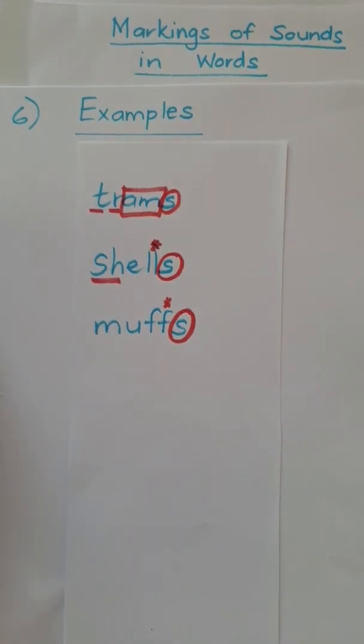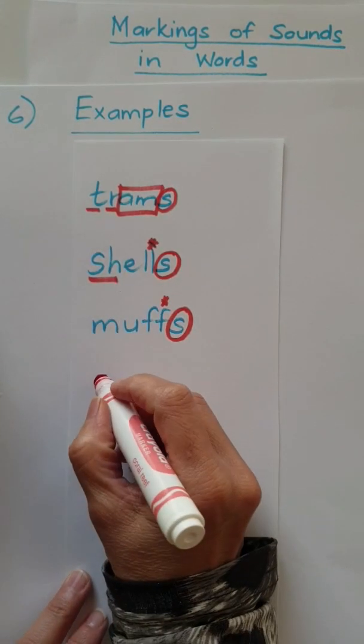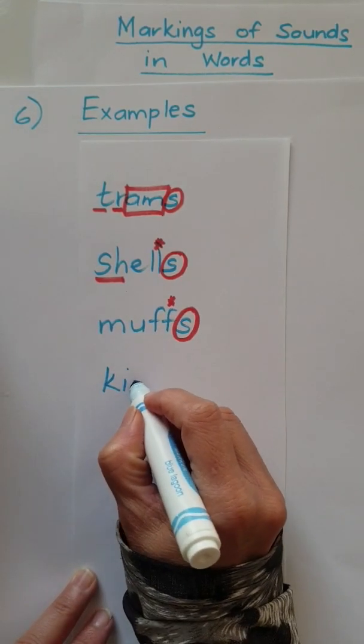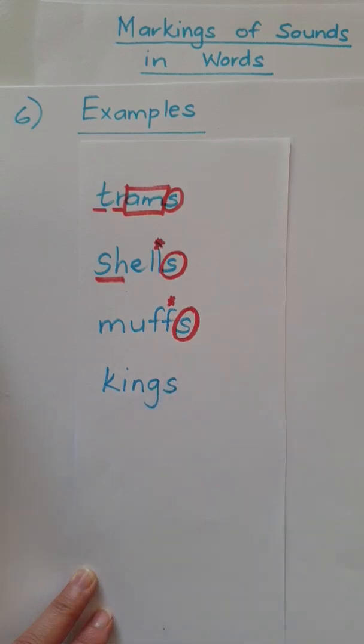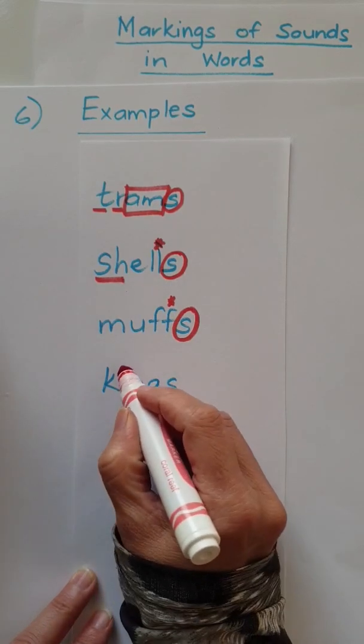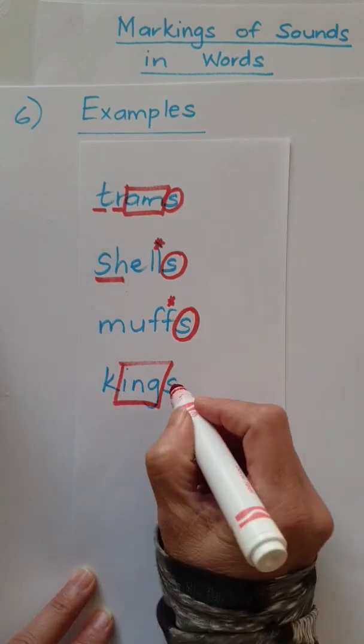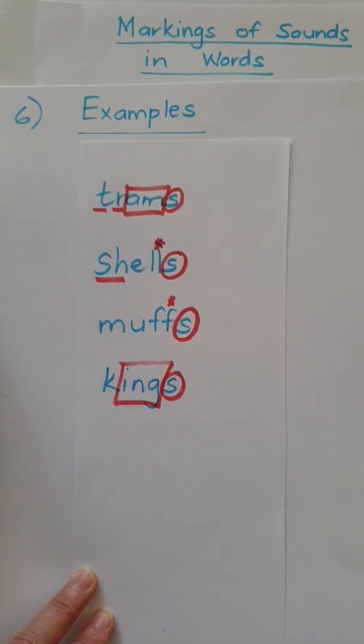And we're going to look at one more example, the word kings. Now in the word kings, I know that the ing sound is my glued or welded sound, and my suffix s, I'm going to circle it. And these are some examples.